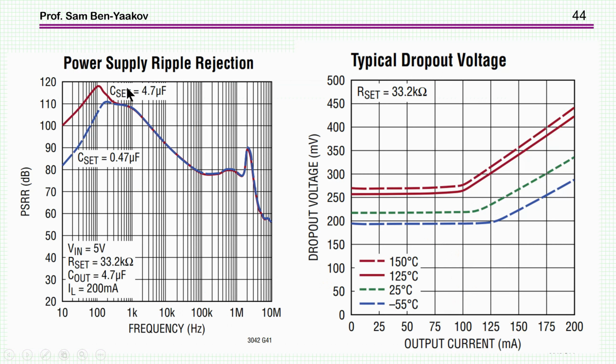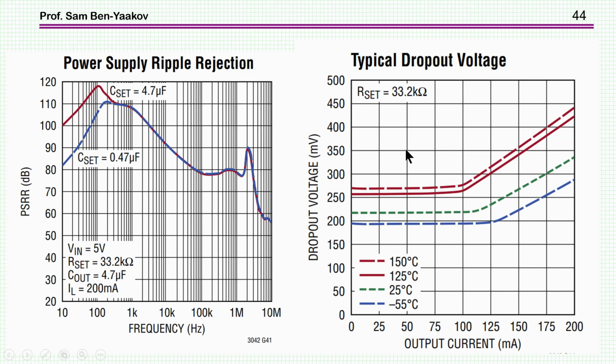You see that the power supply rejection ratio is above 100 dB, so depending on the setup, it could reach much higher than that. At very low frequency, it's 80, 85 dB, and then it goes up to a very high value, and then it drops, but again, this is 80 dB, so this is indeed impressive.